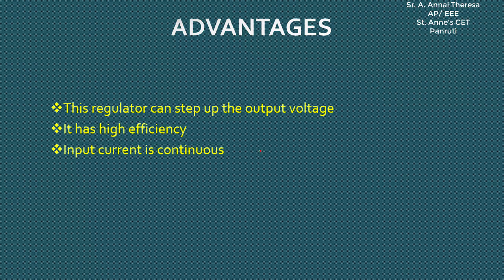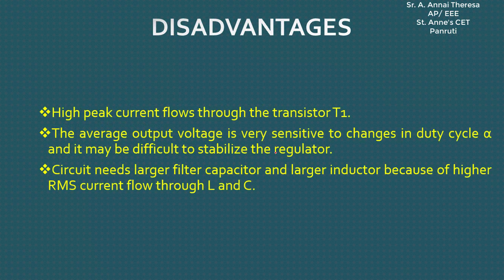If you see the disadvantages, there will be high peak current flowing through this transistor T1. Then this average output voltage is very sensitive to the changes in duty cycle alpha. Even if you change a small value of alpha, the change in output voltage will be large.